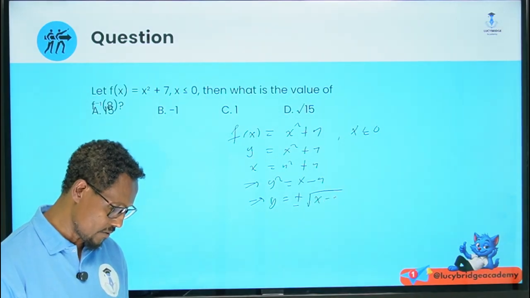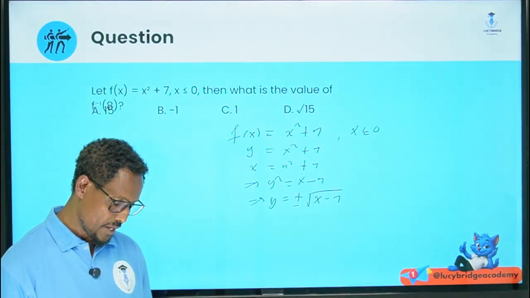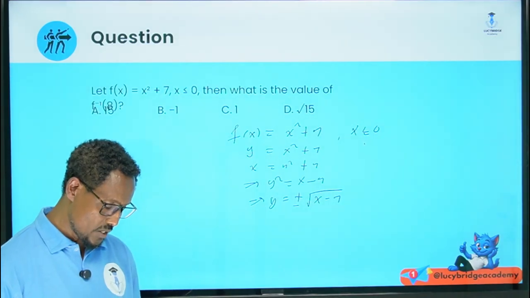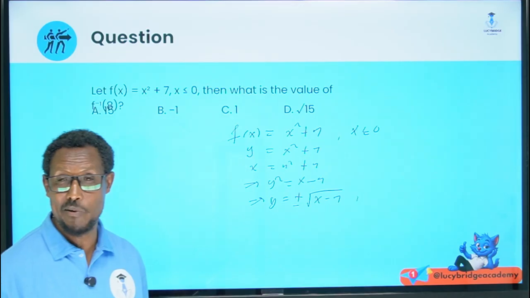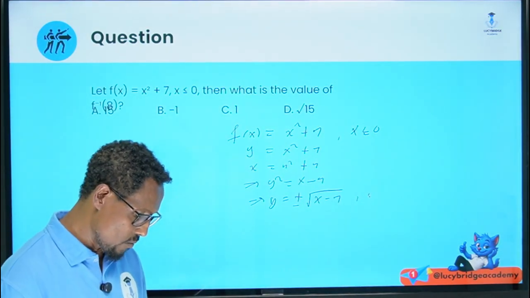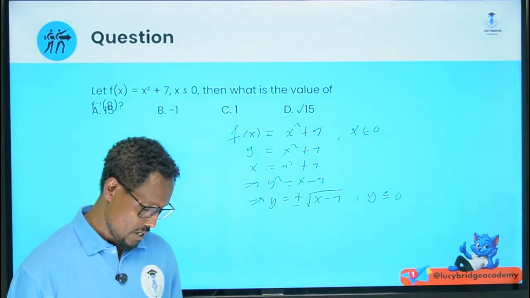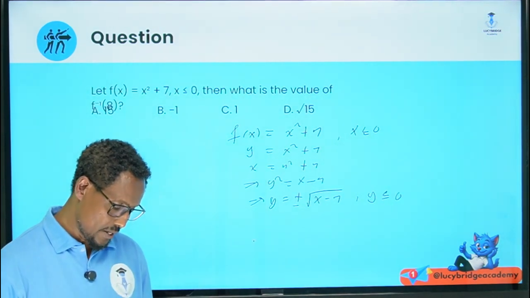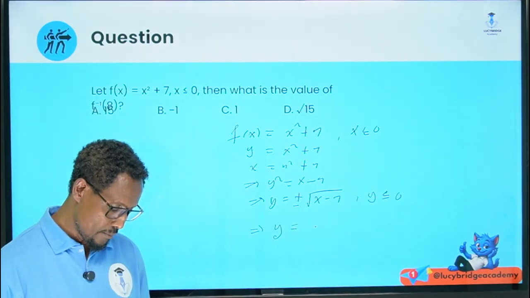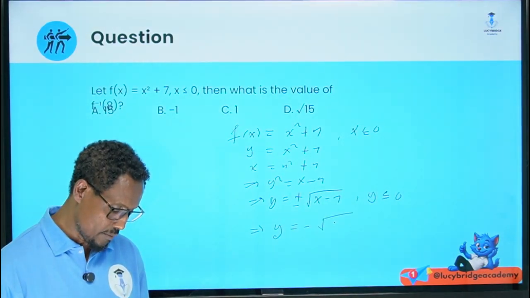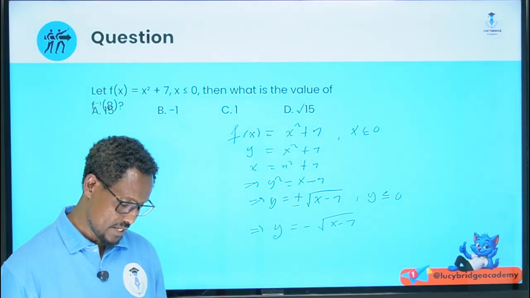But I know that x is less than or equal to 0, and after interchanging x and y, here it is y less than or equal to 0. Y less than or equal to 0 means y is equal to minus the square root of x minus 7.